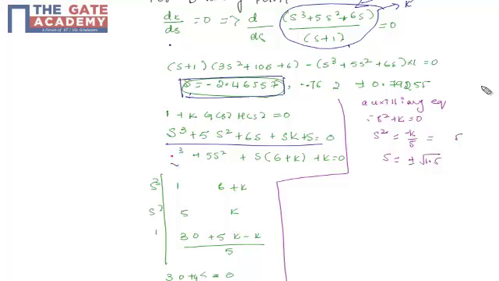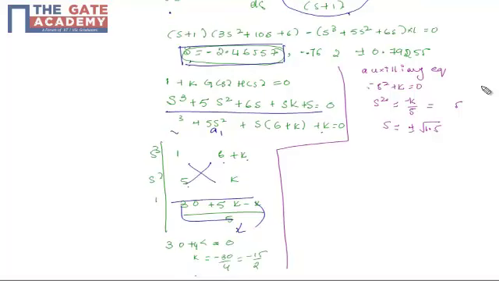This can be compared with the Routh-Hurwitz criterion. A0 is 1, A2 is 6 plus k, and A1 is 5, and A3 is k. In order to find D1, we multiply this and this, and we'll obtain 30 plus 5k minus k by 5. If we take this term and simplify, we'll obtain k value as minus 5 by 2.